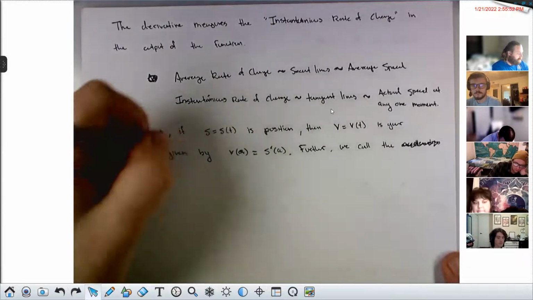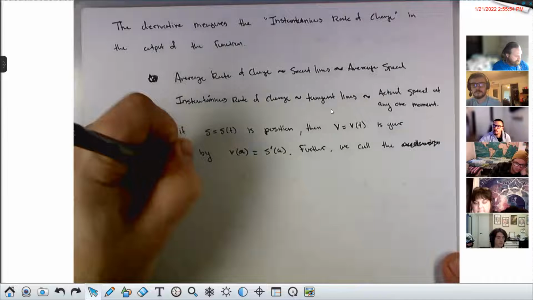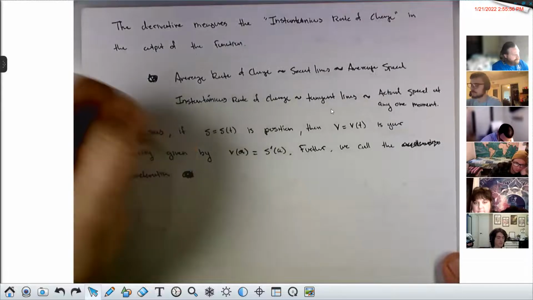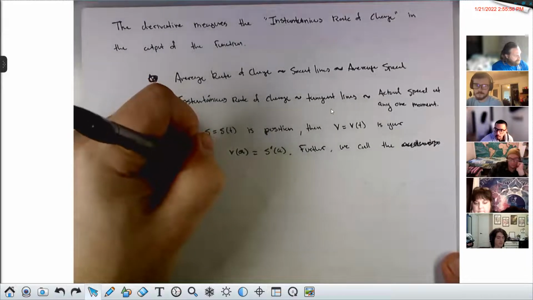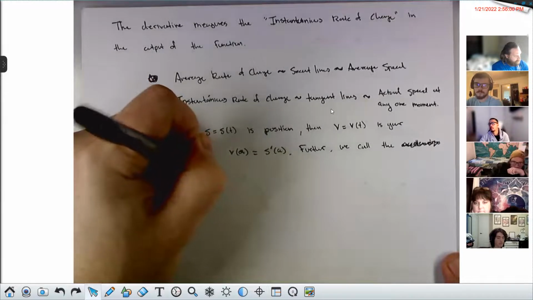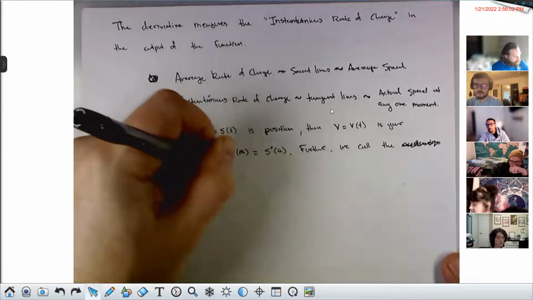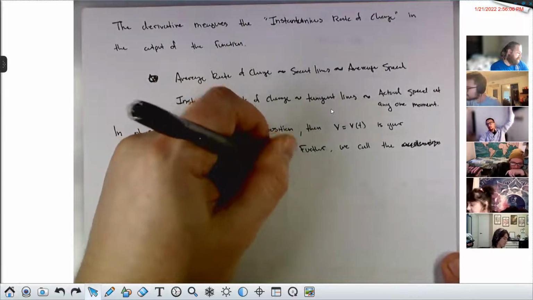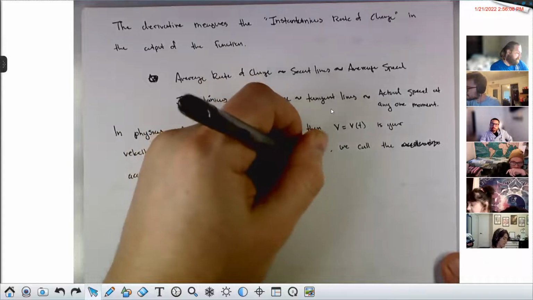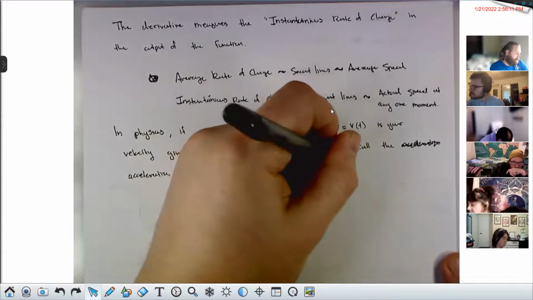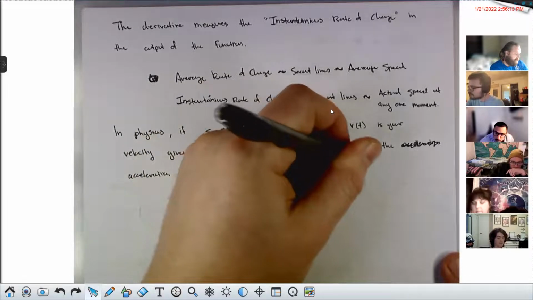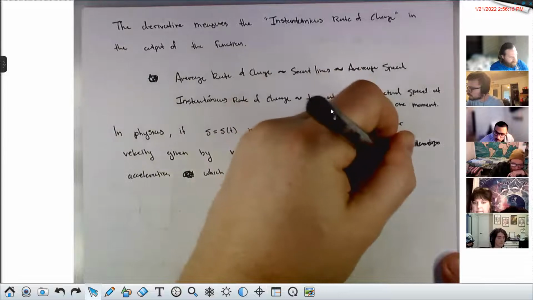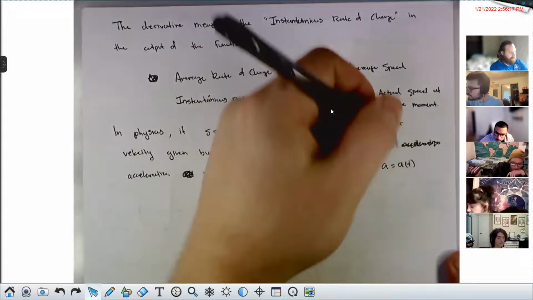We call the acceleration, which is the rate of change of velocity, a, or a of t.